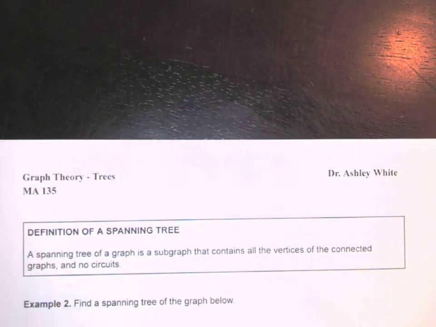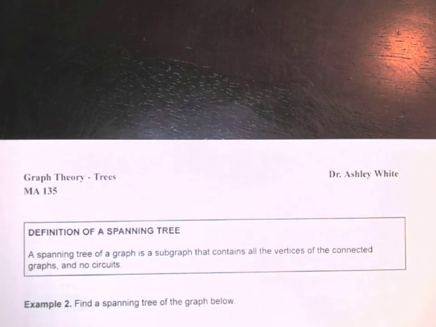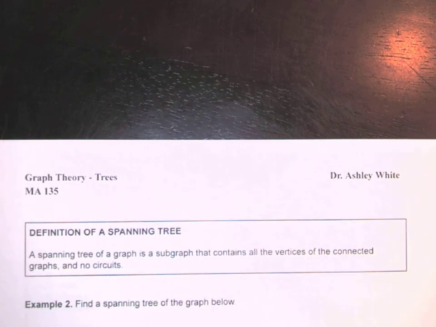So a spanning tree is a subgraph of a graph, like a subset of a set, so it contains a subset of the edges, but all the vertices of a connected graph, and it has no circuits in it.